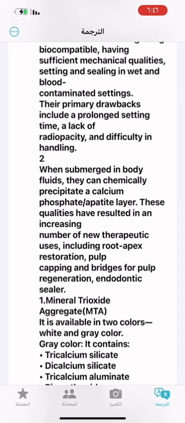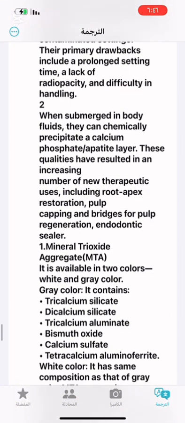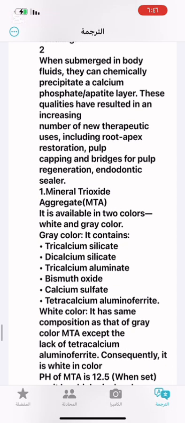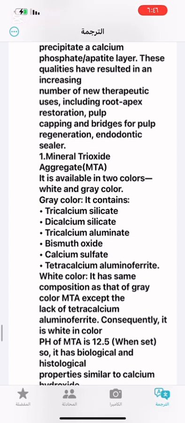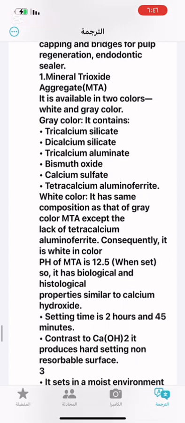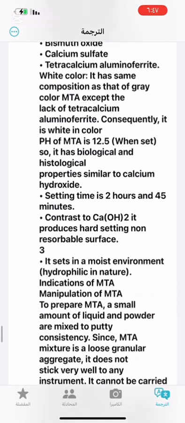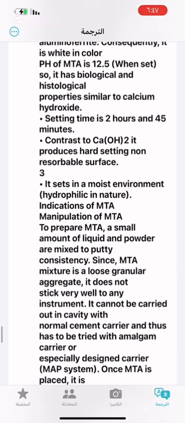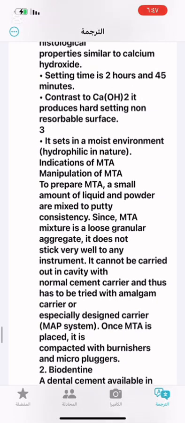White color has the same composition as that of gray color MTA except for the lack of tetracalcium aluminoferrite. Consequently, it is white in color.